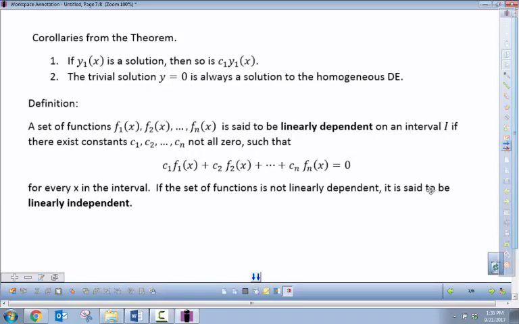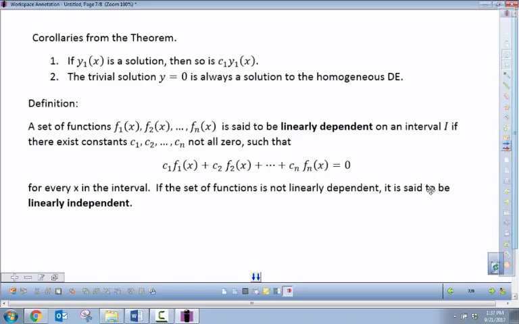The linear algebra definition is exactly the same, except that in linear algebra a lot of times you're looking at vectors. So here you're looking at functions.